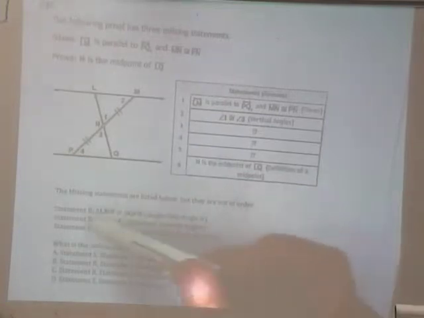And they give us statement R, statement S, and statement T. And if you look down at the answers, we just got to put them in the right order. So they give us everything, we just got to put it in the right order. So let's take a look what we got here. Actually, let's look at our statements, see if we can figure something out.